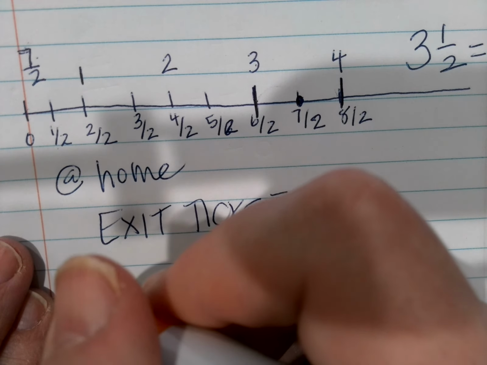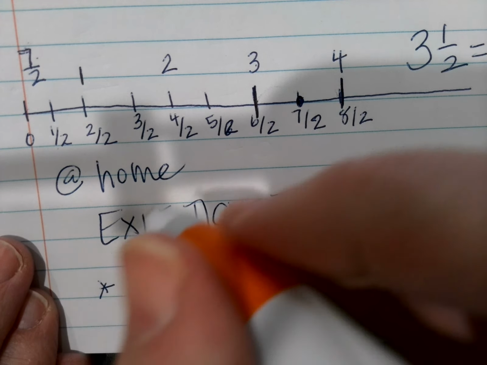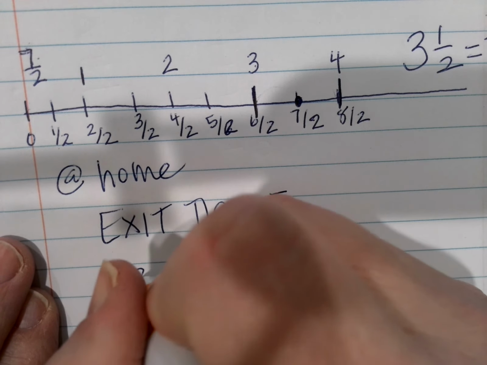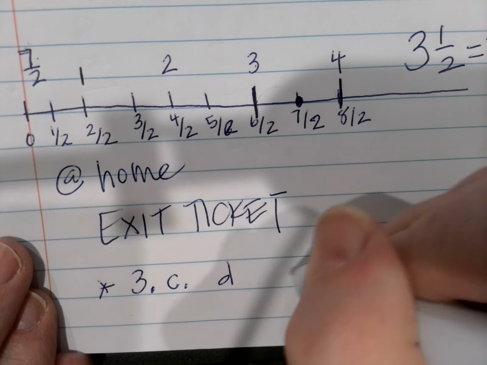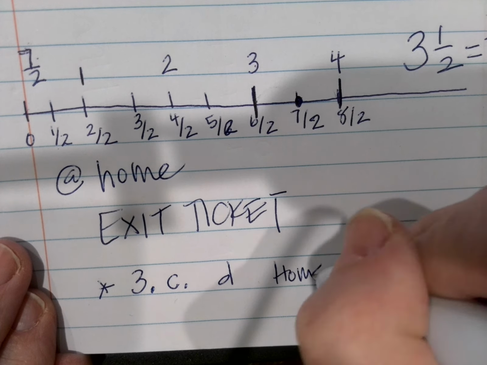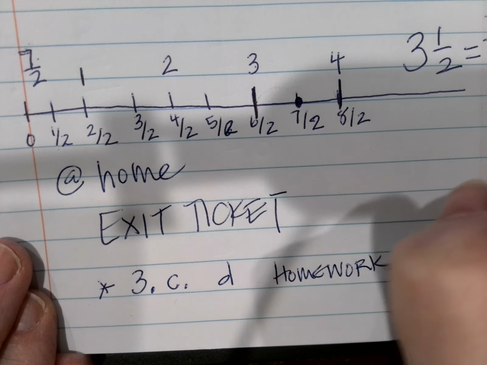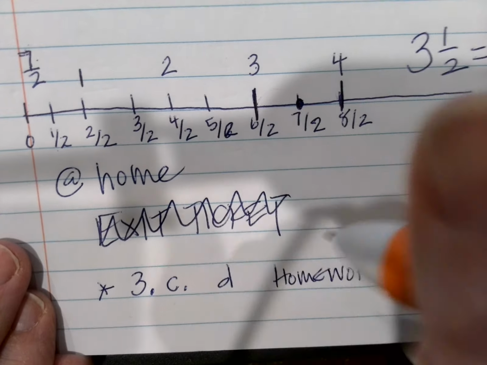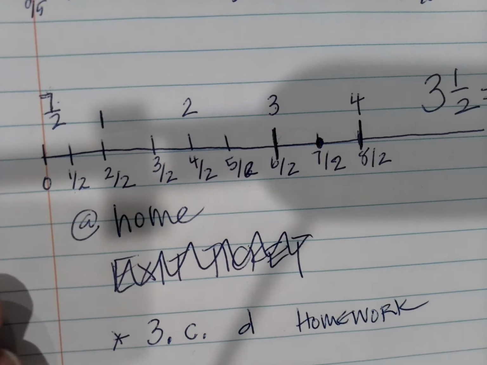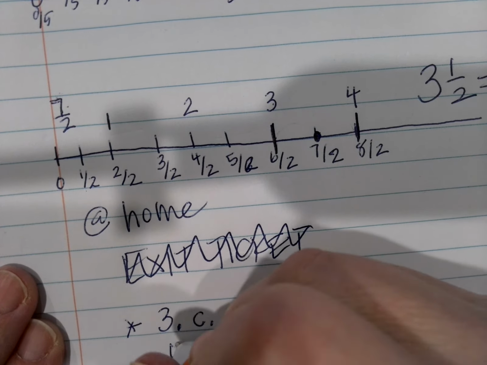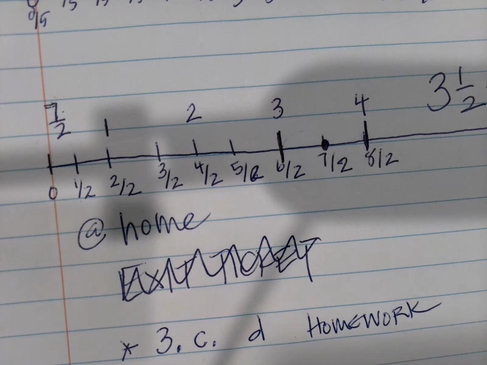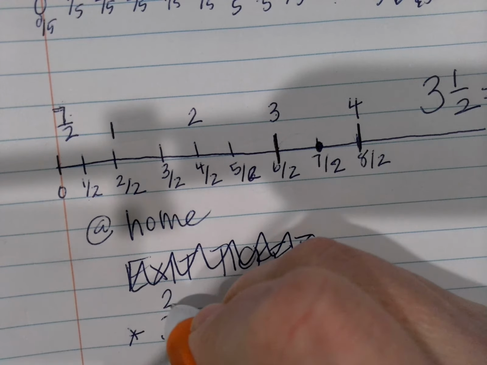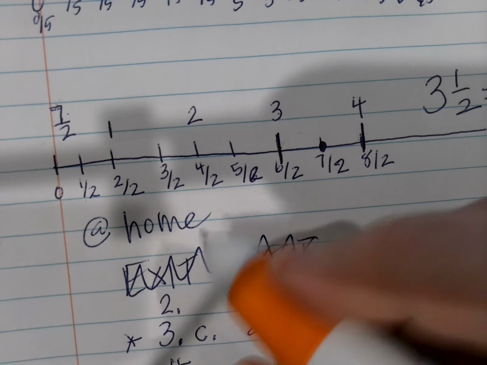And you need to do problem number 3, C and D in the homework. Actually, let's just do that. Forget this. Do problem 3, C and D, problem 4. I should have looked at this.